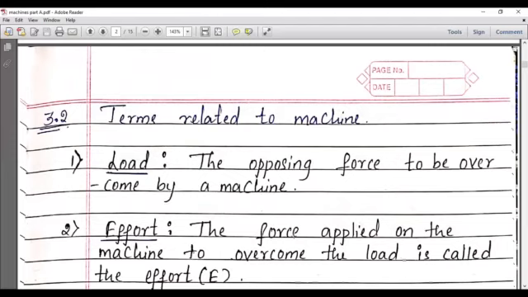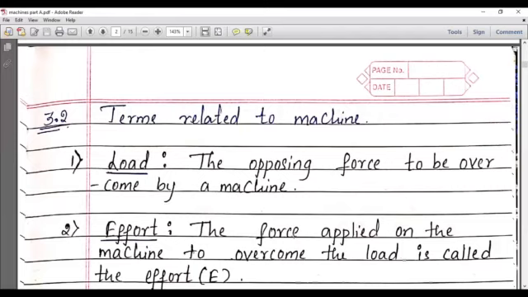In all these cases, the soil, onion and nut are all load: the opposing force to be overcome by a machine. We are using a nutcracker to crack the nut, so that nut is an opposing force. We have to overcome that, so that is a load.